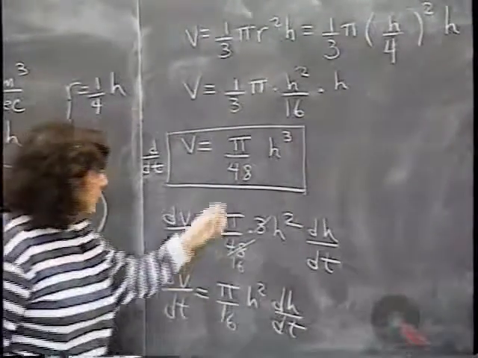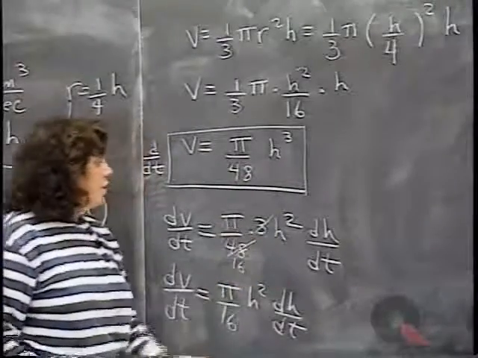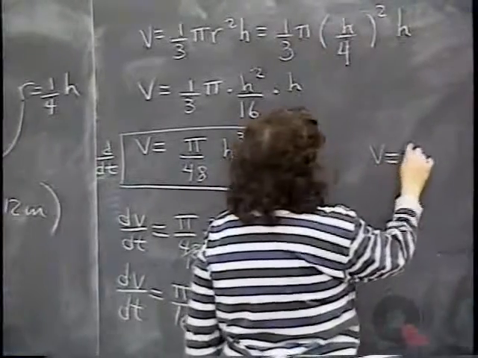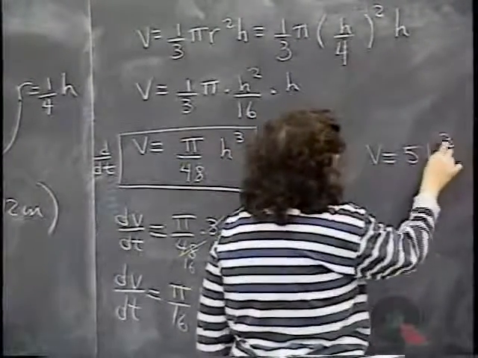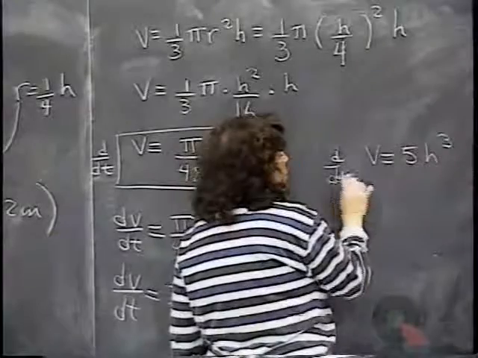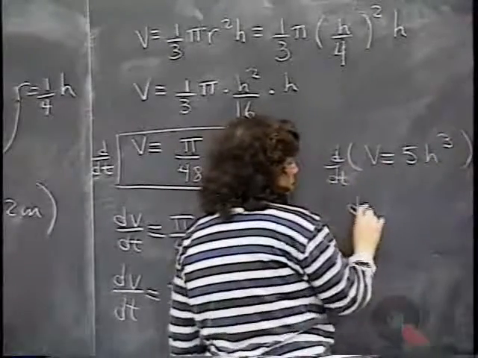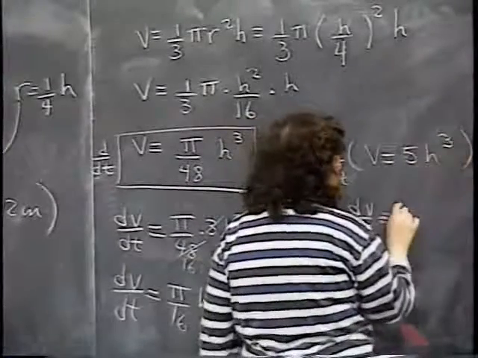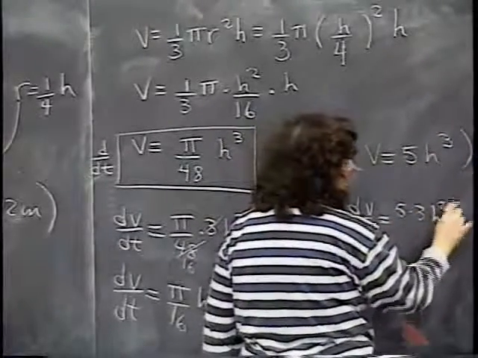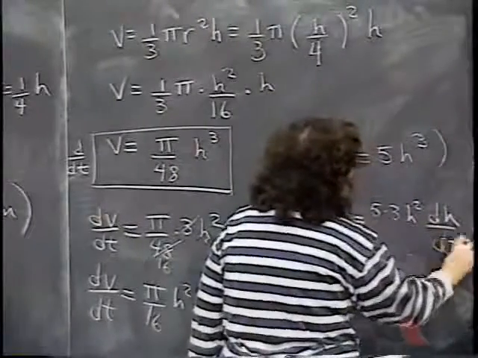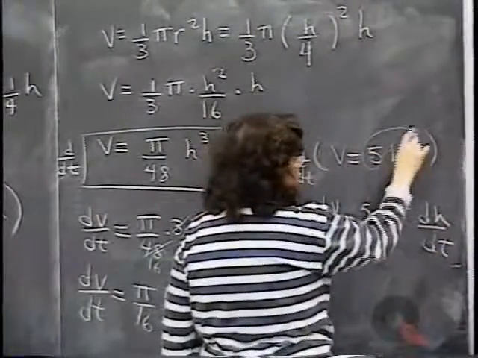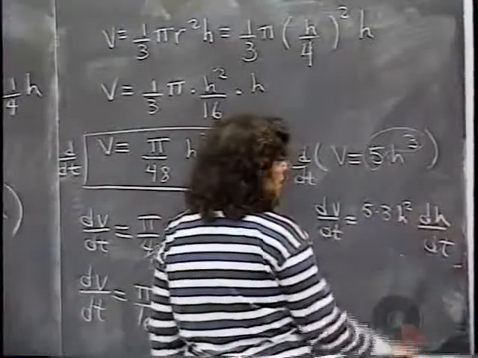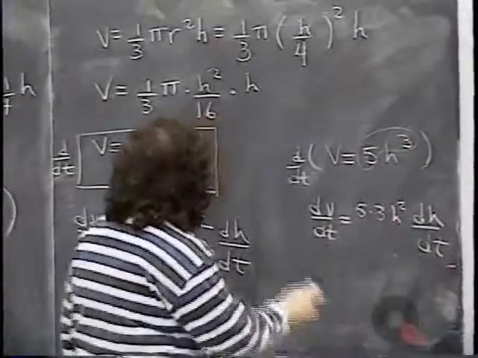If you're having trouble with this particular maneuver here, remember that if V had been, for example, 5h cubed, I think most of you would have no trouble. You would have said dV/dt is 5 times 3 h squared dh/dt, because you'd say the constant times the power, h to the 1 less power. So 5 times 3, you'd have 15h squared dh/dt. If you can do that, then you can do this.